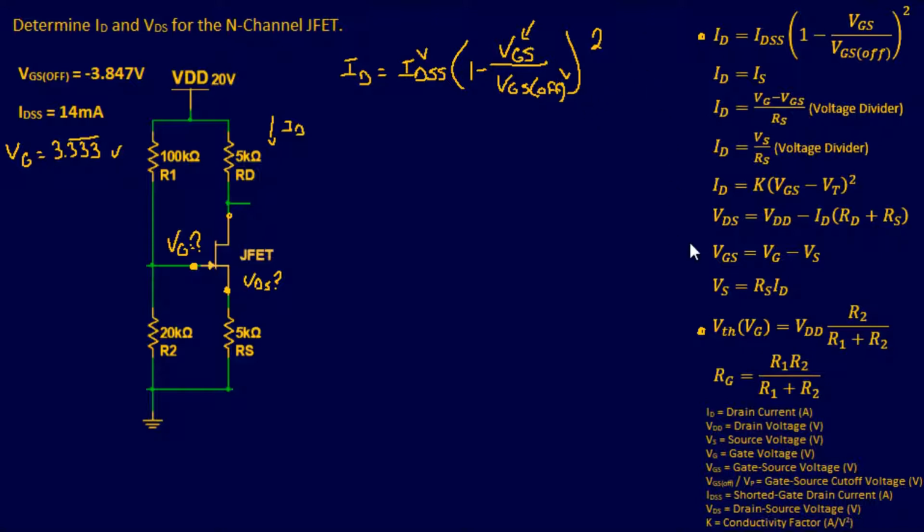You can say your gate source voltage equals your gate voltage minus your source voltage. So if I was actually going to put that in there, I'll bring this down a little bit. 1 minus, and I'll just substitute this guy right here. So instead of VGS, it's going to be your gate voltage minus your source voltage over your cutoff voltage.